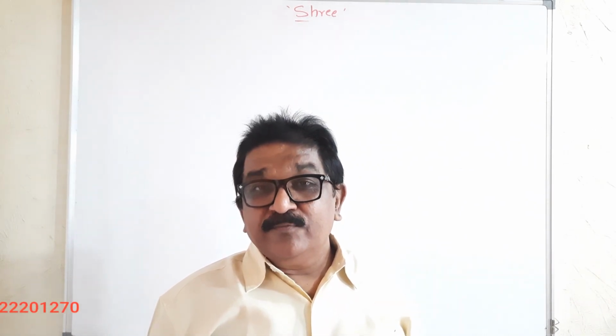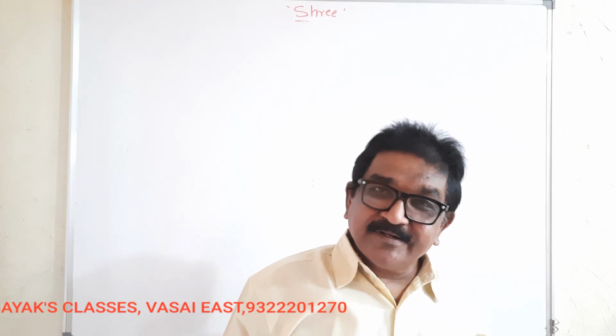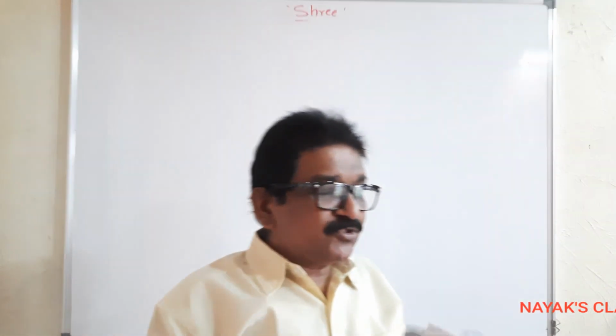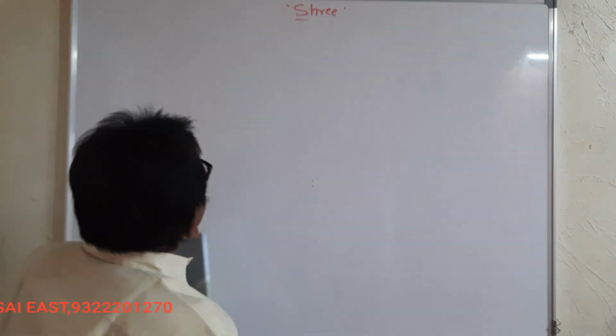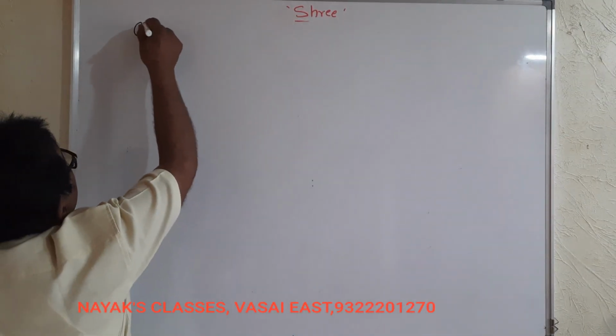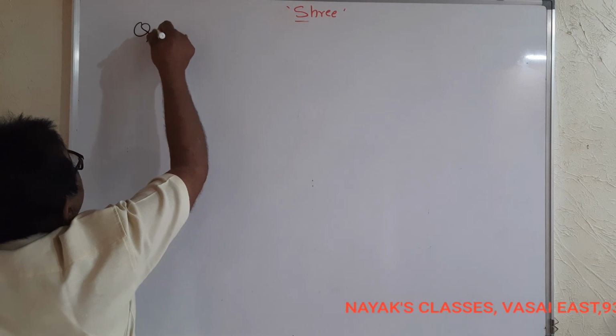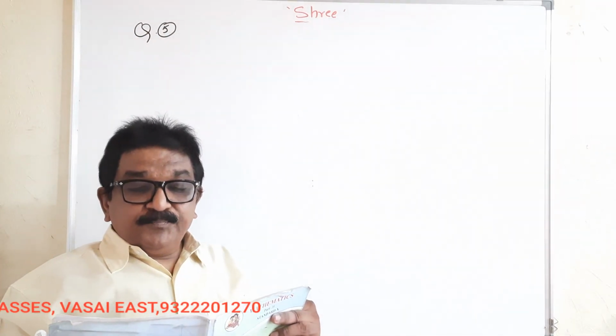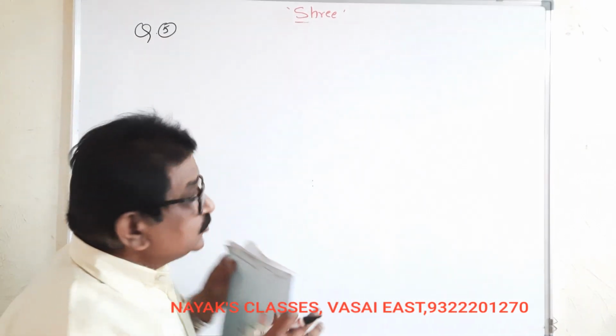So we have to find 4 distances using the distance formula. So P is 2, -2. Question number 5. P(2, -2), Q(7, 3).